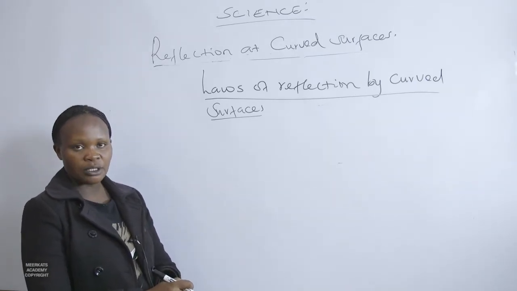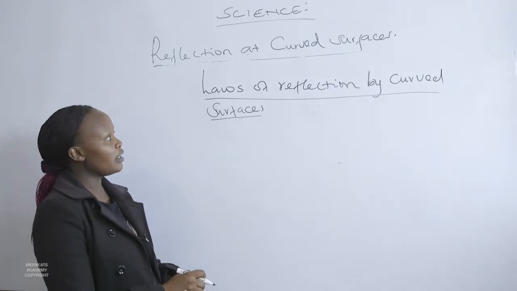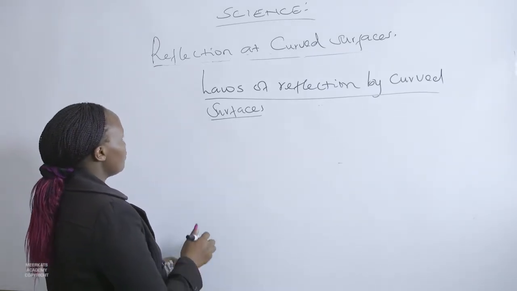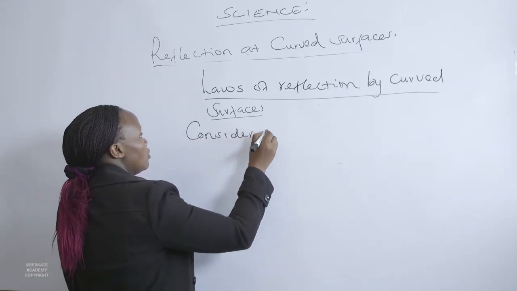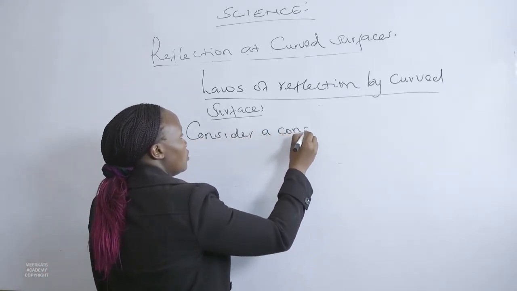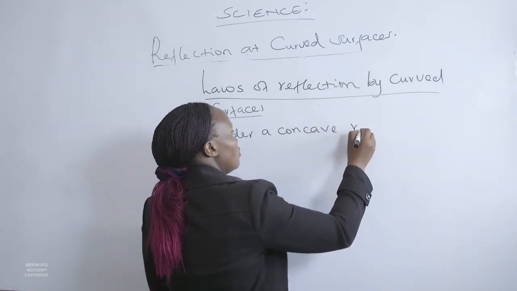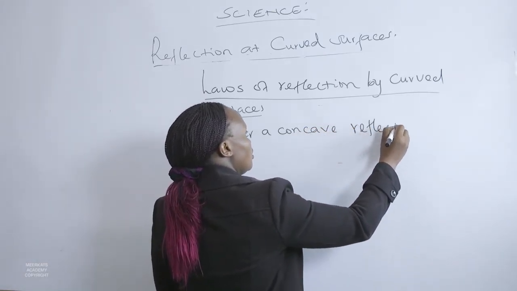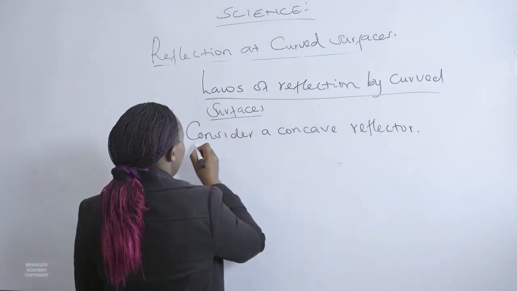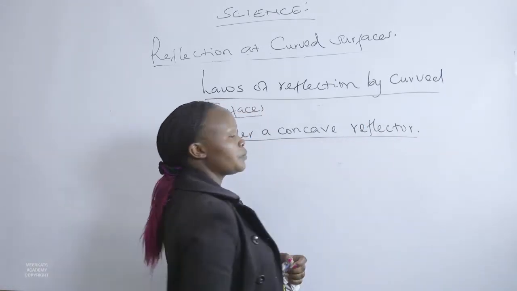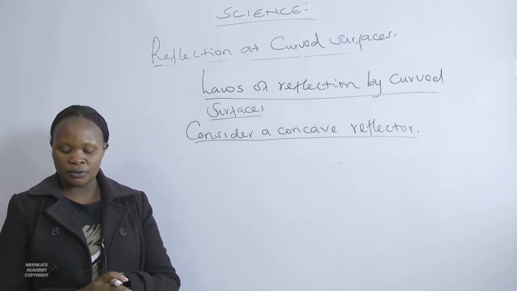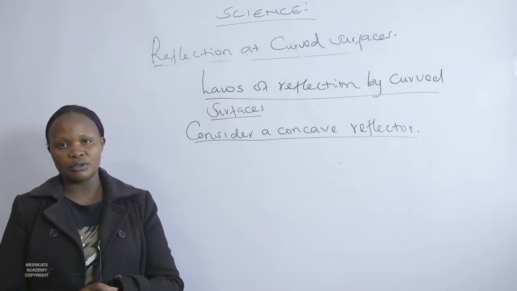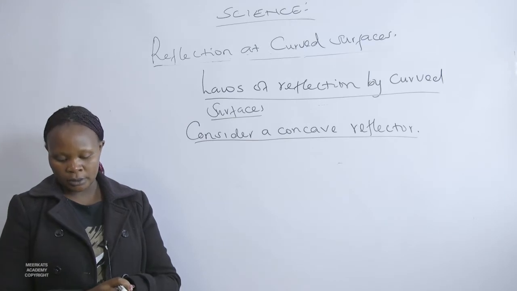Now we again will consider a concave reflector and look at the four rays of interest that we should be able to find out.